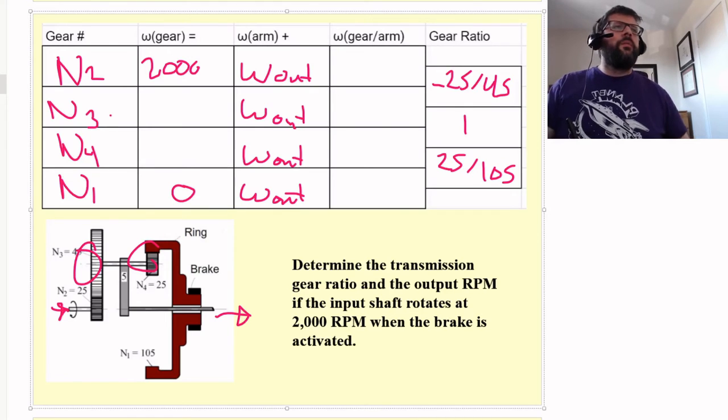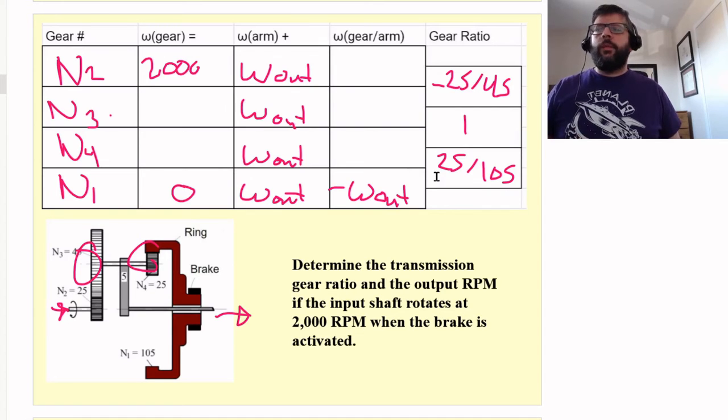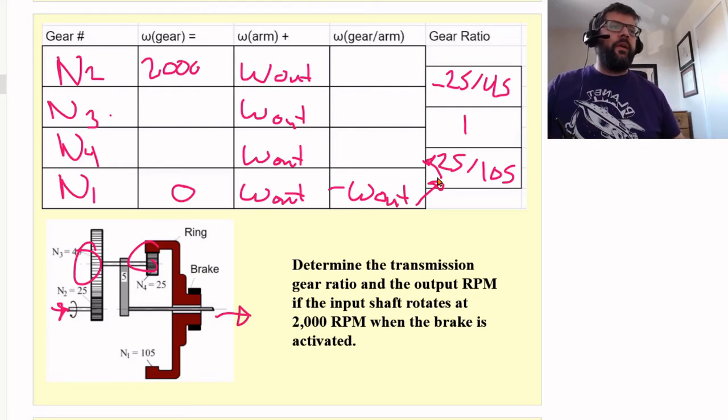So we can solve for a few of these things here. Let's start at the bottom and work our way up. We know that this N1 here is locked, so its rotational speed is 0. Therefore our W gear relative to arm needs to be equal to negative W out. If we go up from here to here, then we need to divide by that gear ratio. If we're going down, then we're multiplying. If we're going up, we're dividing.